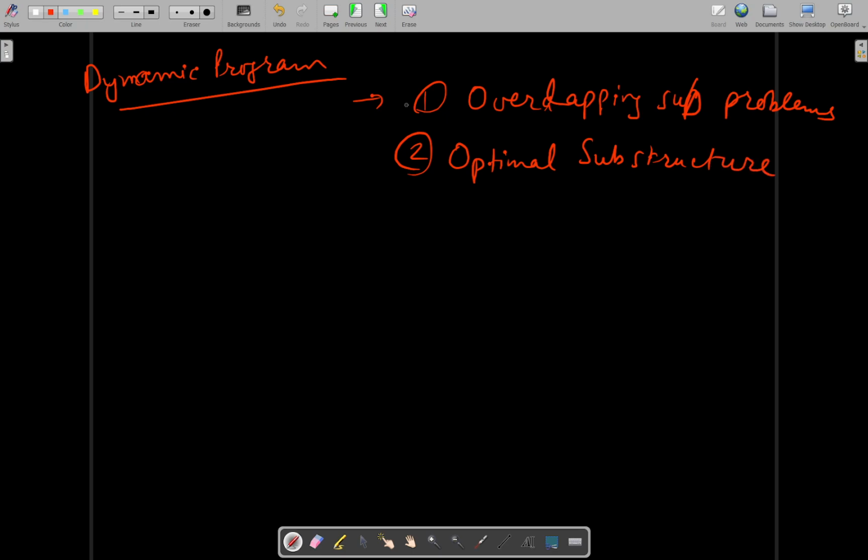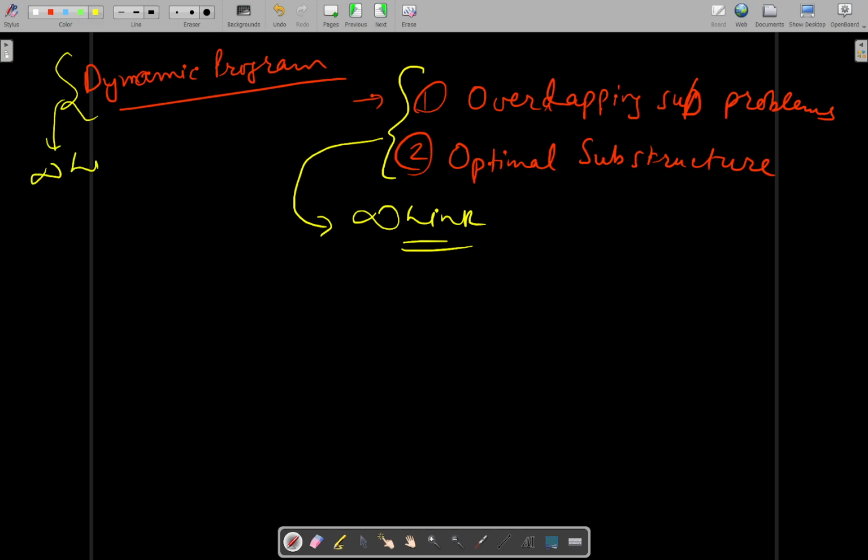Those of you who are new to these two properties, I will be providing a link to an article describing these two, and a link to an article describing this approach also, dynamic programming. So you can explore those articles and then you will be able to understand why we are applying this particular approach here. It's just optimization over brute force.